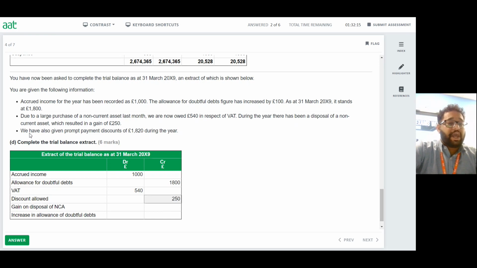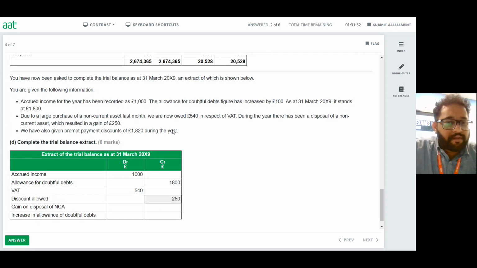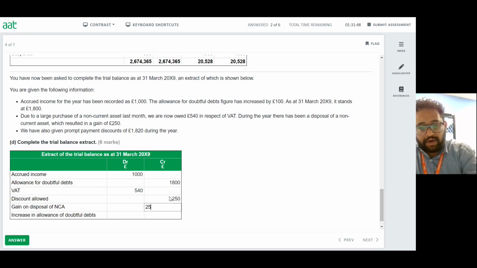And then they're also saying here, you have also given prompt payment discounts of £1,820 during the year. So we have also given prompt payment discounts. That means we have taken that ourselves, isn't it? Let me see whether it's going to be taken. No, hold on. Disposals here. I have to do the right box.